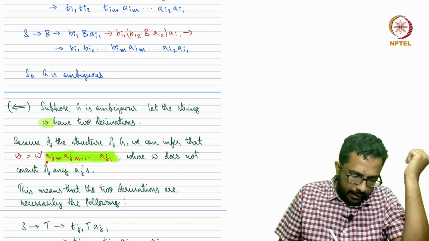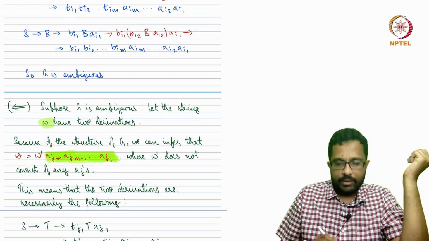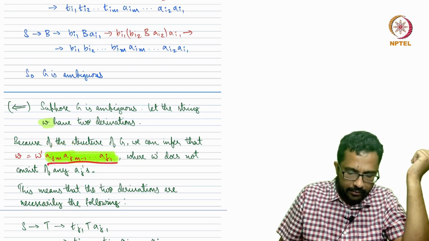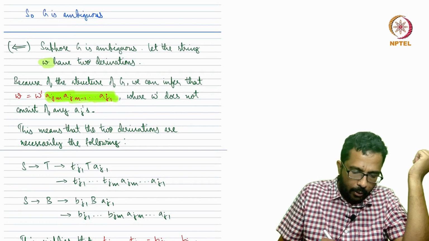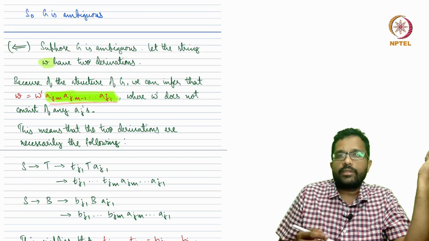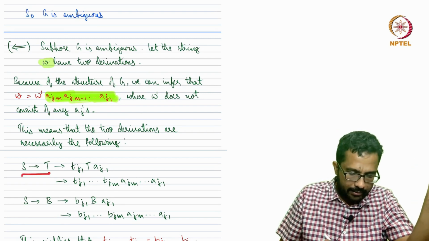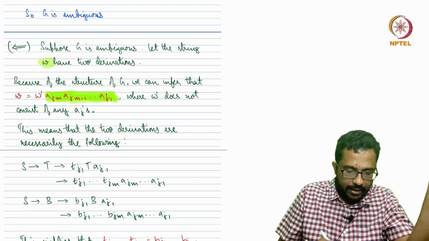Now w is derived ambiguously. Because of the structure of the grammar, the only way that we could produce this string is the following. There are only two possibilities. One is that S gives T and T gives Tj1 T aj1, because aj1 has to be at the end.